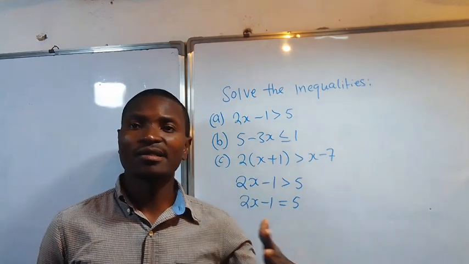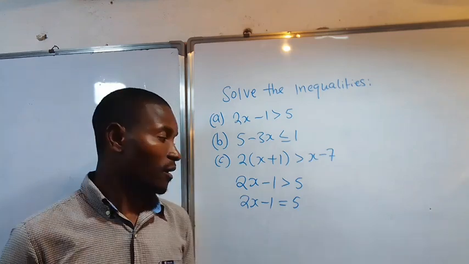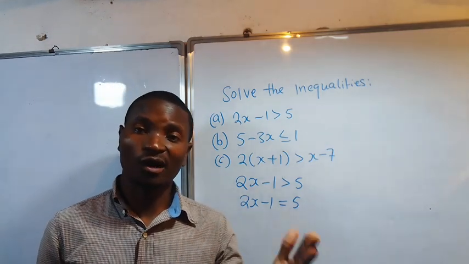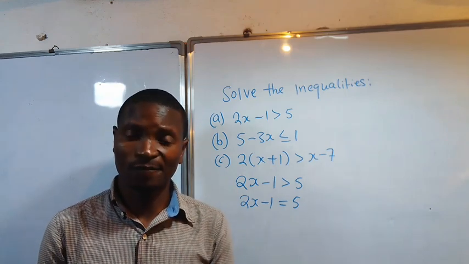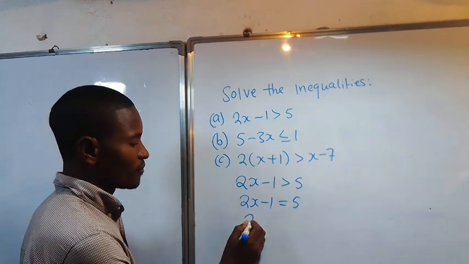Because inequality or inequation comes from the word equations. So when you look at this, 2x minus 1 equals 5, this becomes a very straightforward and simple equation. So we can now solve this one.